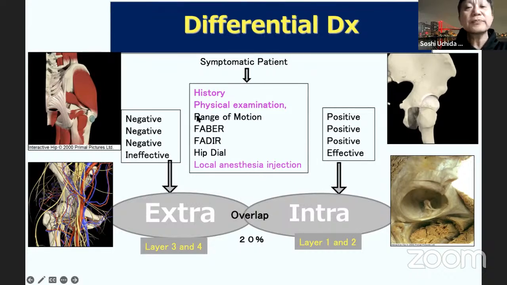On the other hand, if limited range of motion is negative, FABER, FADIR and hip dial test are negative, and the local anesthesia injection is ineffective, we consider those patients as extra-articular pathologies.